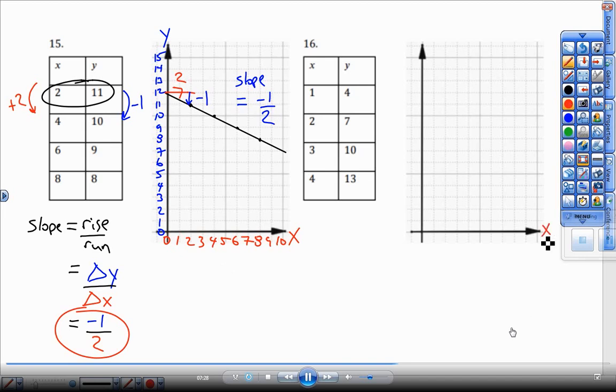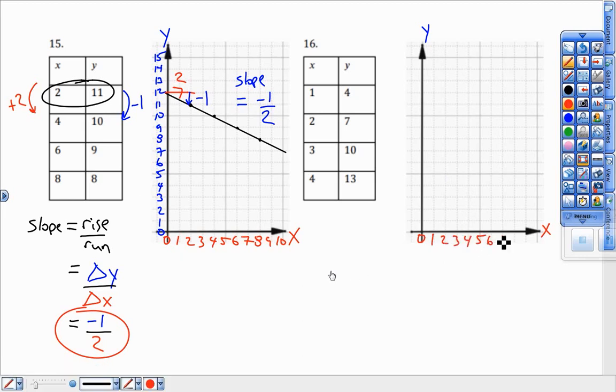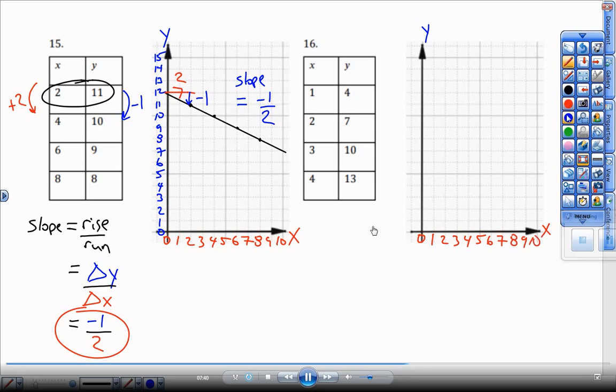All right, last problem. This is x, this is y. Label the x-axis. Label the y-axis.